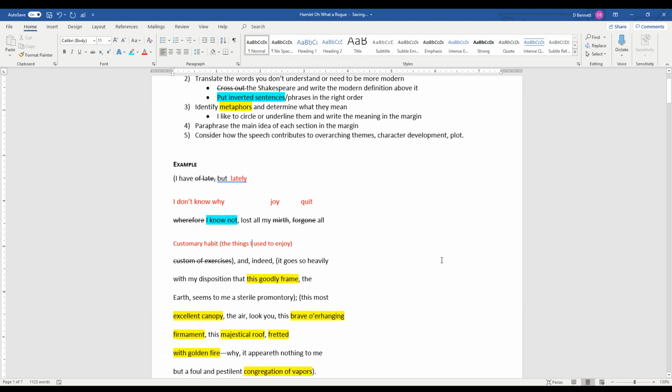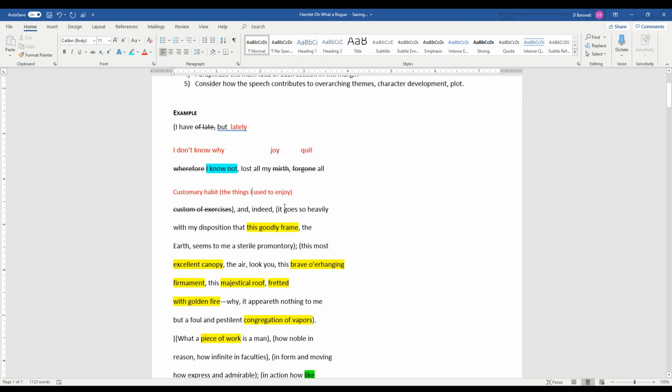So that's the first phrase. And indeed, it goes so heavily with my disposition. Let's call that a parentheses. It goes so heavily with my disposition. What he's saying here is, really, kind of a big deal.